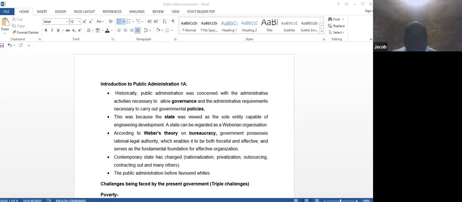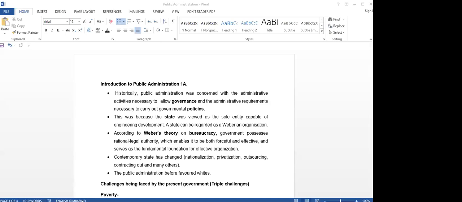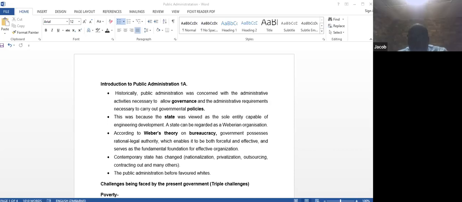Since public administration is all about theory, do we need to paraphrase when answering for assignments or exams, or do we just take it as it is from the book? No, you should not take it as it is from the book.